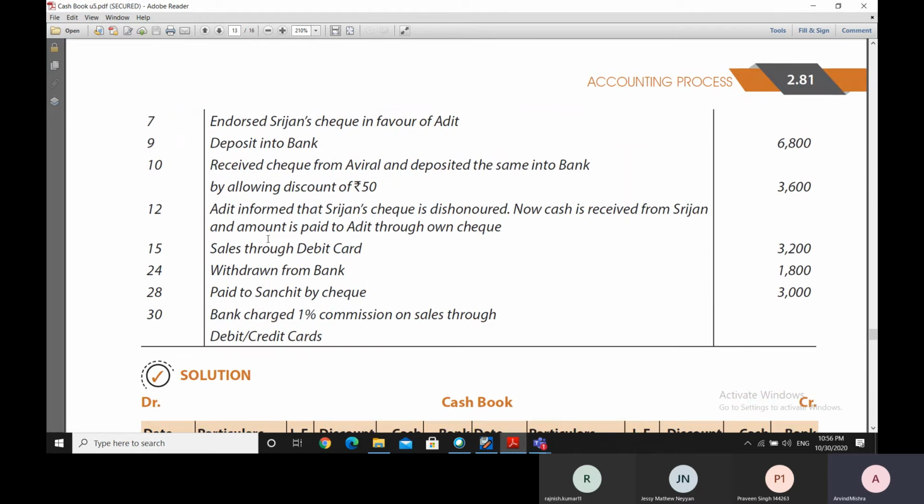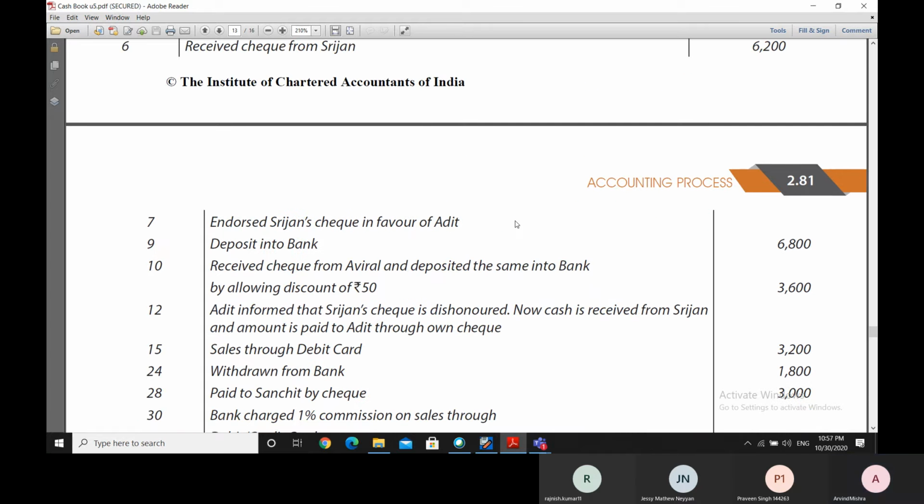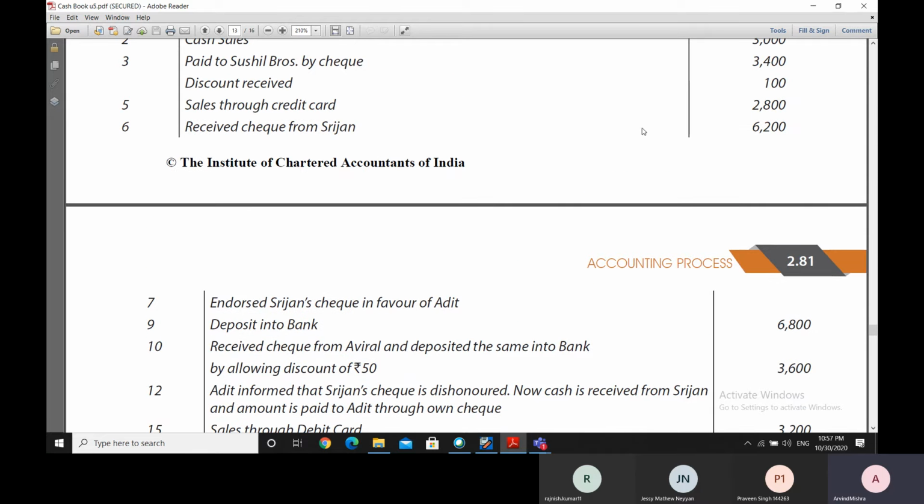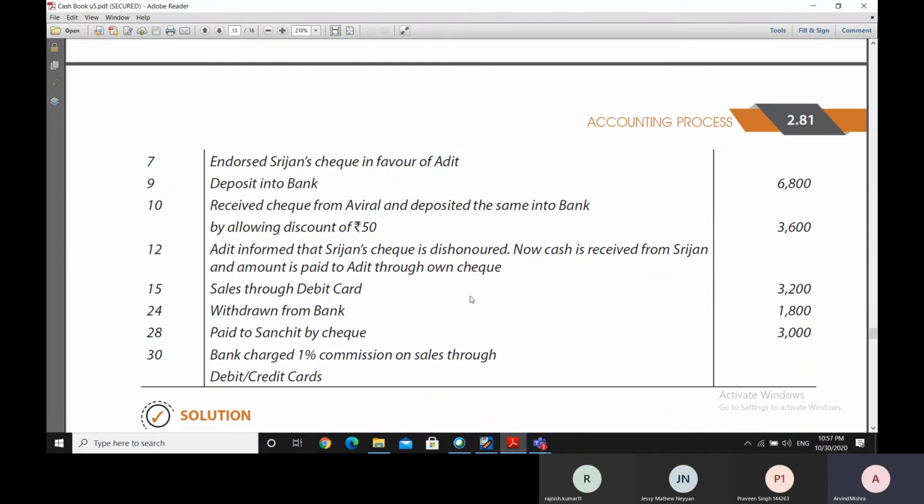Now thereafter, Adit informed that Srijan's check is dishonored, because Srijan's check was endorsed in favor of Adit. We are writing here that we received a check from Srijan, 6,200. Now this 6,200 check was endorsed in favor of Adit. But now Adit has informed that Srijan's check is dishonored for 6,200.